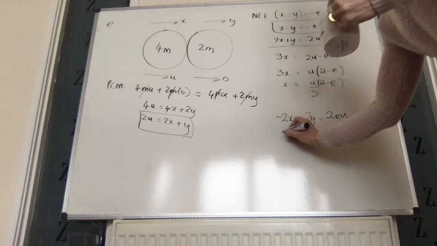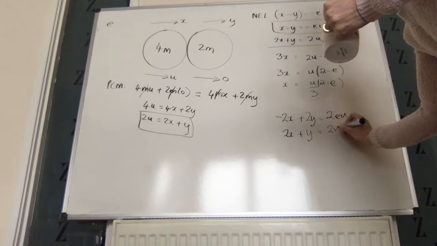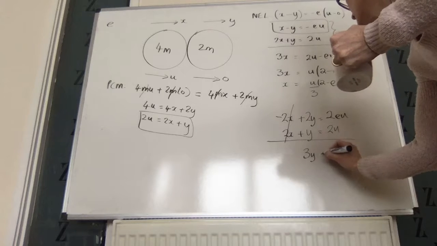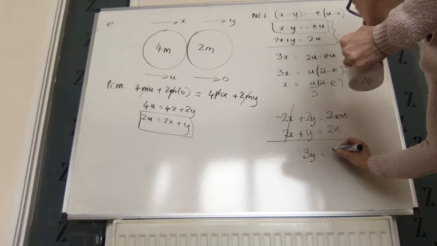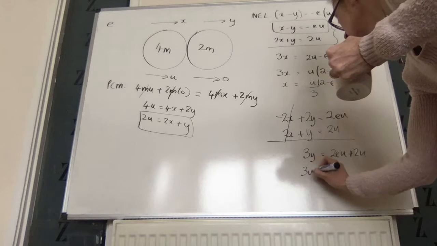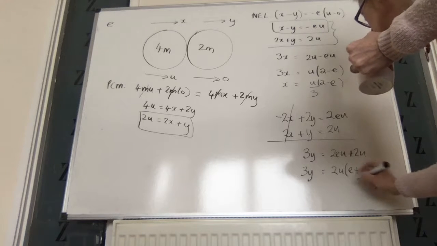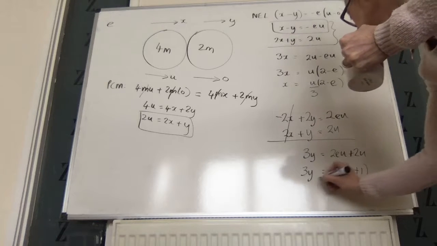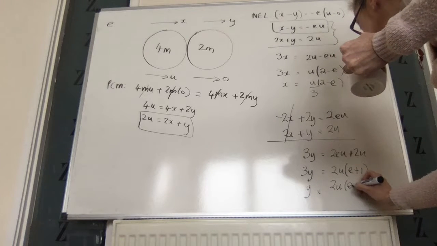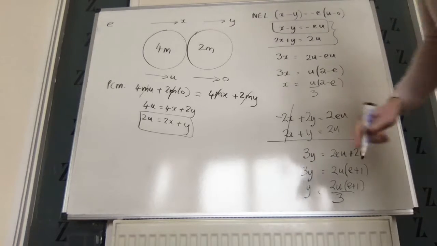Now if we add 2x plus y equals 2u, our x's add to 0. 3y equals 2eu plus 2u, or 3y equals 2u times e plus 1, and y is then 2u times e plus 1 over 3. So there are the two values.